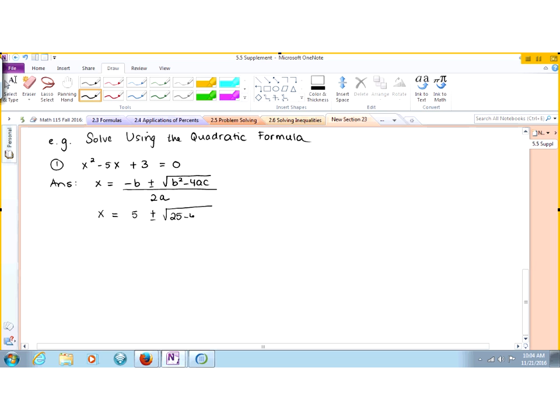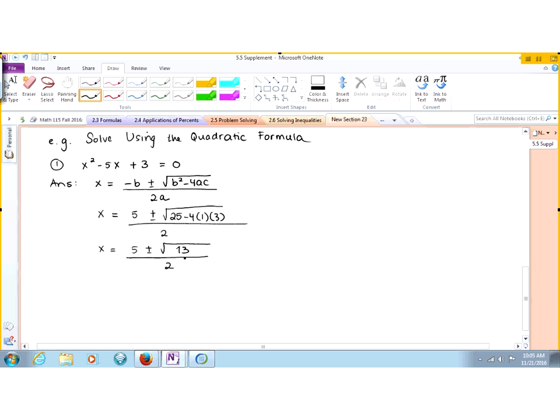What is b squared? 25 minus 4 times 1 times 3, and then all over 2 times 1. 2 times 1 is 2. So x is 5 plus or minus square root of 25 minus 12. What is 25 minus 12? 13. Divided by 2.